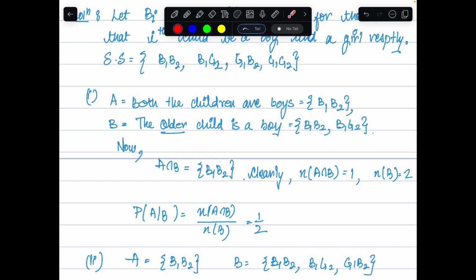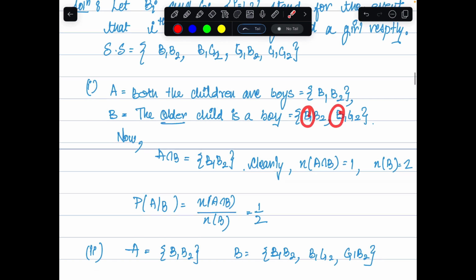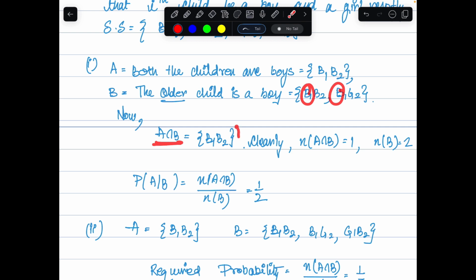So older means which is coming first, B1. Starting is the older. So here also older one is a boy. Here also older one is a boy. Now let's come. What is A intersection B? It's a set. Few problems can be done using set. This is pretty easy. So number of elements in A intersection B is 1. Number of elements is B. Just substitute over here.